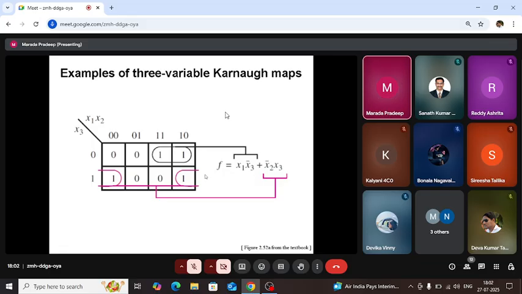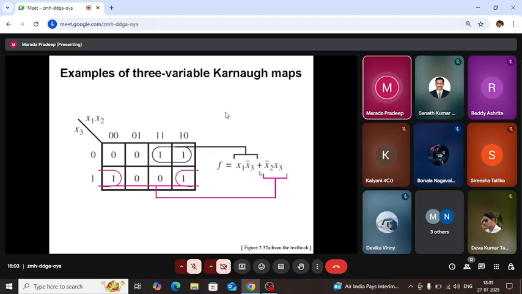Next, these two, see, here x3 value is directly 1, and which bit is changing? Here x2 is constant and x1 is transitioning 0 to 1, so we can eliminate that bit. So x2 bar dot x3.